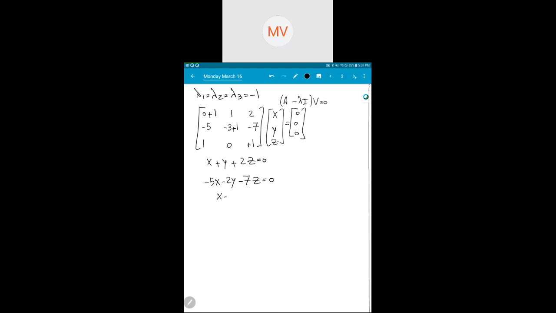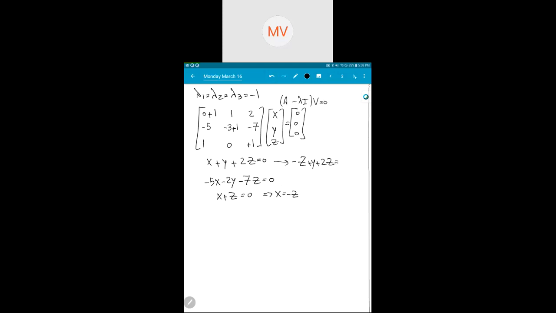And for the last one, we get x plus z equals 0, right? And let's go ahead and solve everything in terms of x, or maybe z. Let's solve for z. So x is -z from the last one. And if you plug it here, we get -z plus y, oh, plus 2z, sorry.